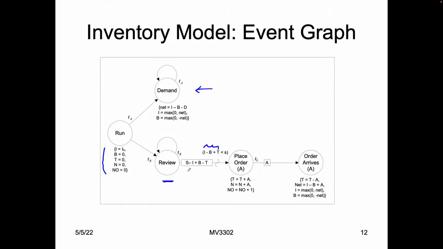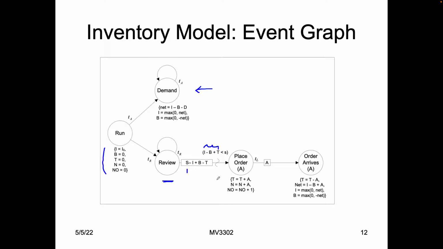Here's my big S, my order up to amount, and I subtract my net inventory position from that. So I subtract the amount on hand, but now I add the back orders and subtract the total amount on order. That's how much I place the order for, and I pass that value to the place order event. Then the review event is finished, but this is a 0 delay, so now I'm going to place the order.